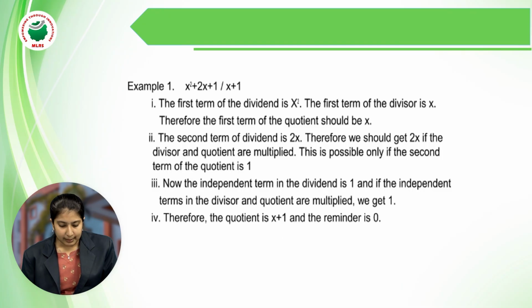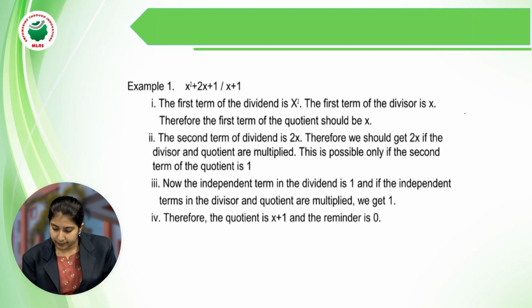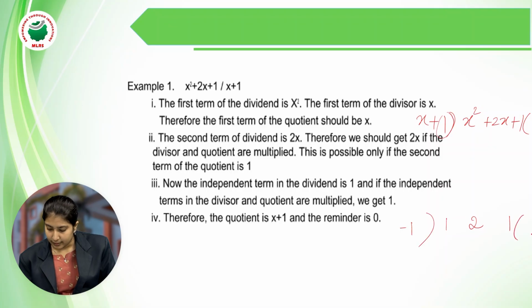Again we have an example of an algebraic expression. Let's do this: x square plus 2x plus 1 divided by x plus 1. x square plus 2x plus 1 should be divided by x plus 1. If I take only the coefficients, I have 1, 2, 1, and here I have -1, because I have to take only the coefficient of this term.